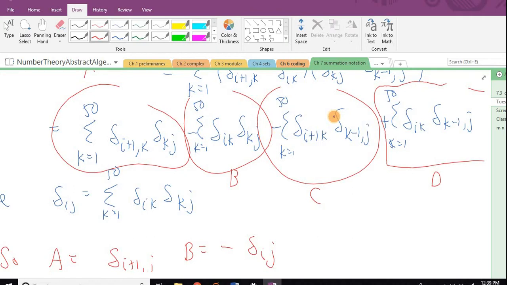Right? Well, in fact, you are right. But you have to be careful about the limits, because you're actually changing things. What you're saying here is a very good move. That's equal to delta k j plus 1. Yes, that's what I did.